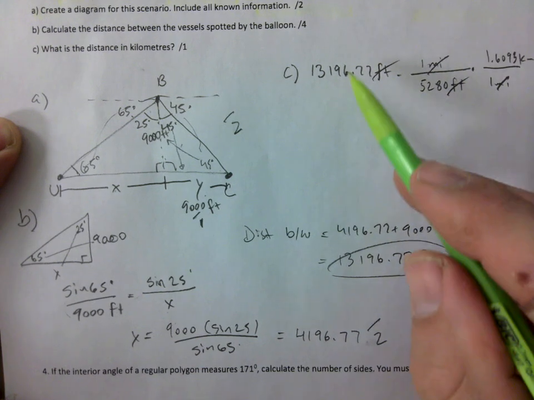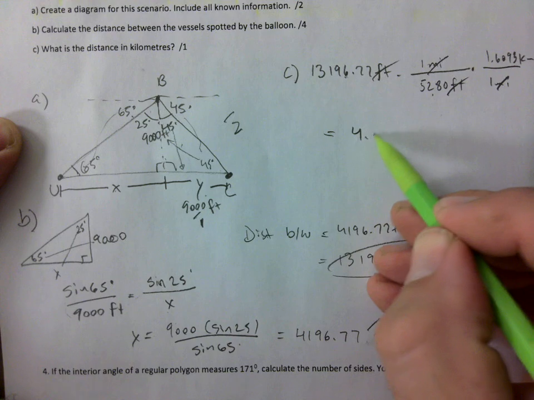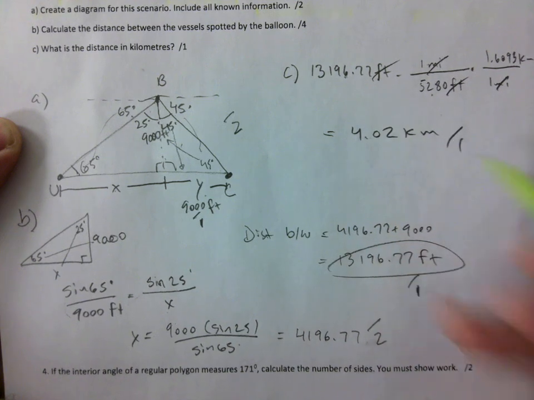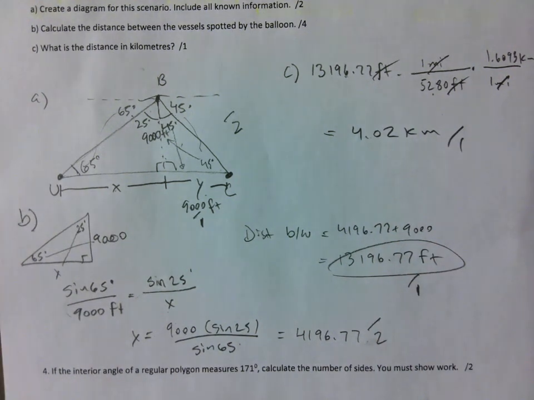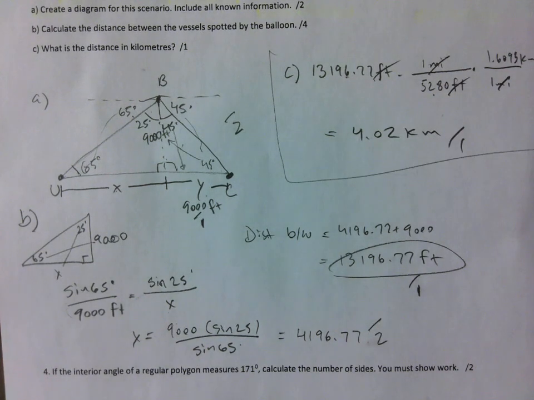Miles cancel out. So it's really this times that divided by that. And you get 4.02 kilometers. 1 mark for that. And it doesn't matter how you did it, to be honest. You should all get the same answer. It depends how much of a detour you took to get there. Sometimes because of the detour, your decimals may be off, but that's okay. We're going to be okay today.